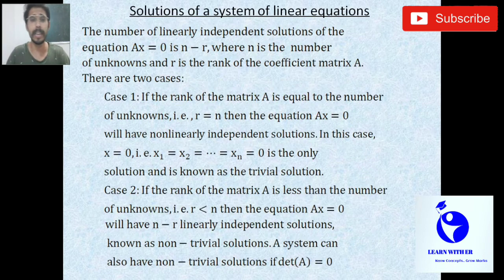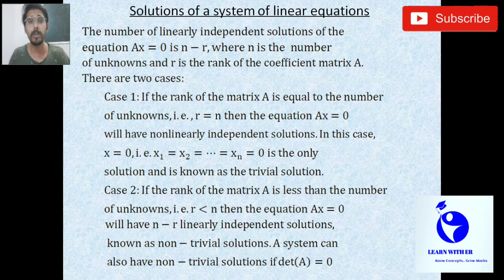In order to find the solutions, we have two case studies we need to consider. The rank of the coefficient matrix A will be either equal to the number of unknowns, or less than the number of unknowns. Now what is the number of unknowns?